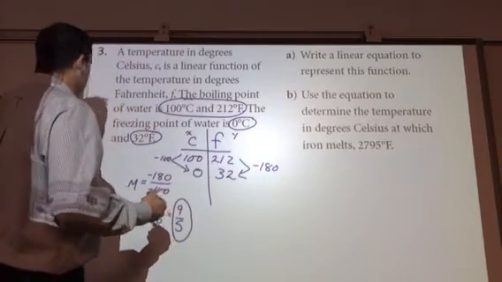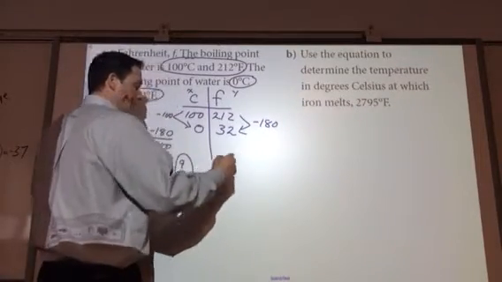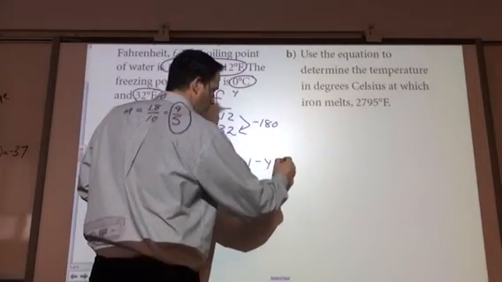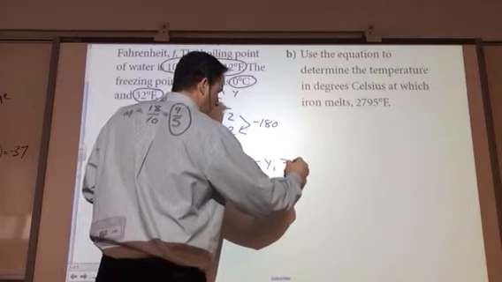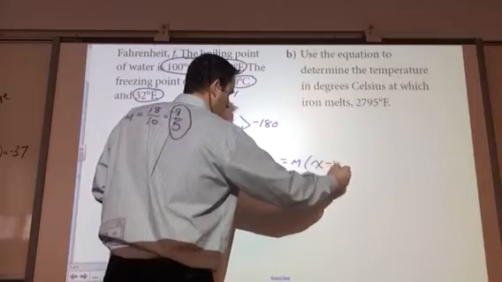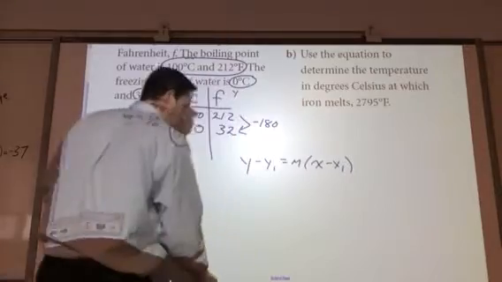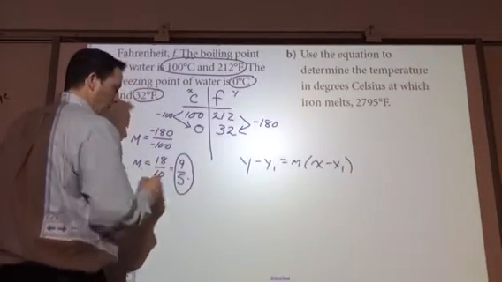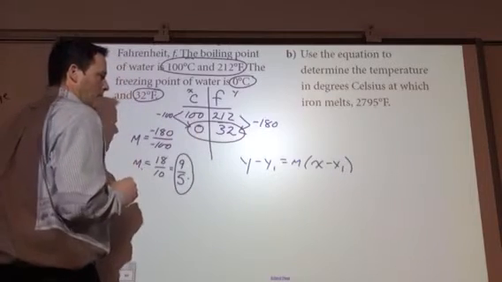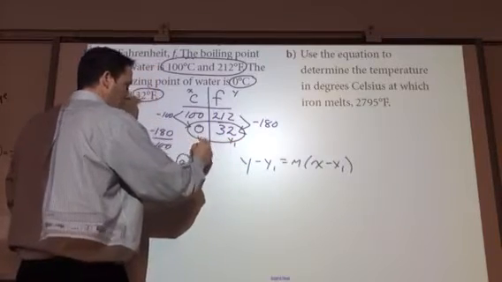What I would do from this point to do the point-slope form is look at what I have to sub in. So I'll change it up here. Here's my m, 9 over 5, and I'm going to pick this point right here and sub in the values. Here's my y1, here's my x1.